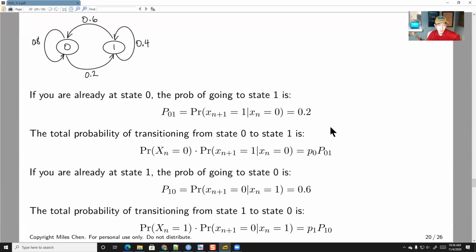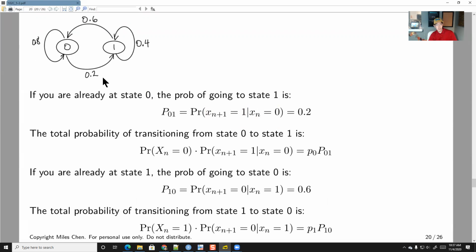If you're already at state 0, then the probability of going to state 1 is the probability that, if you're currently at time n, given that you're at state 0, you'll be at state 1 in the next iteration, which is 0.2.